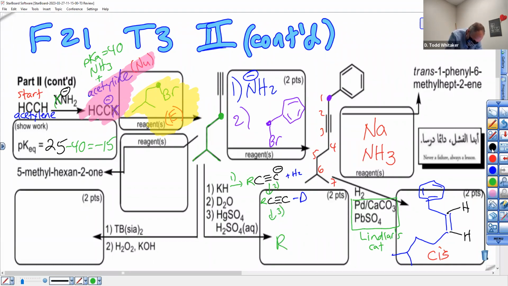R, C, C, D. What happens during oxymercuration protonolysis? Because step 3 is just that. Oxymercuration and protonolysis.